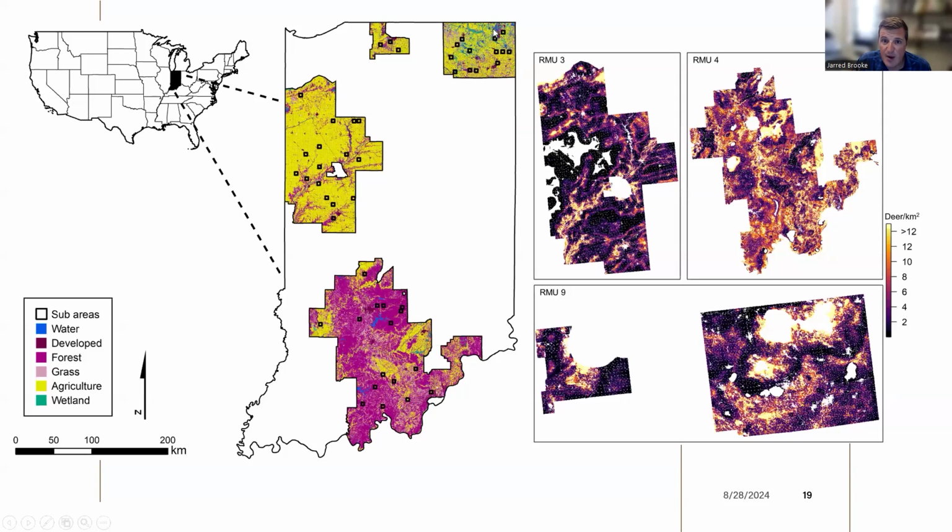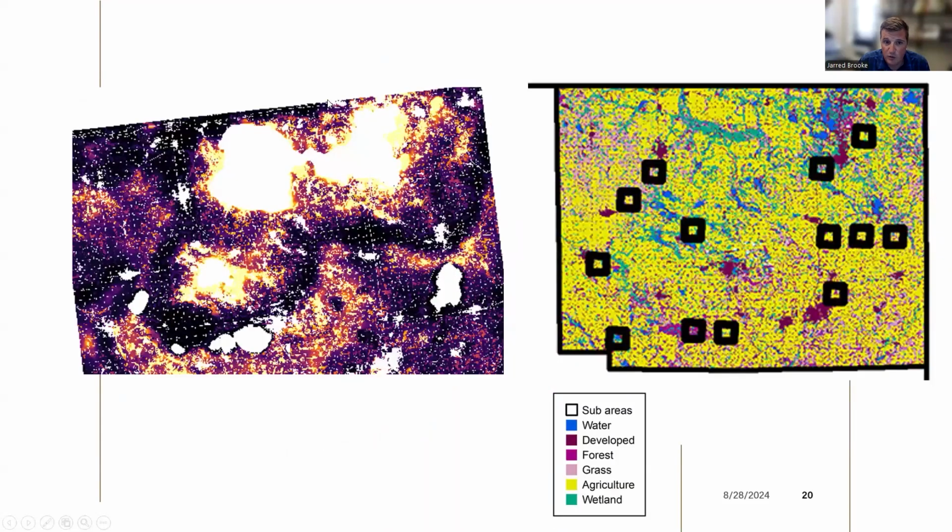So still dominated by row crop agriculture, but we have a fair amount of forest pockets spread throughout, grassy areas, wetlands, and other areas that give us a nice diverse landscape. And that's where we had the highest deer density, but some of the lower deer impacts. This is just a zoomed in view of it.